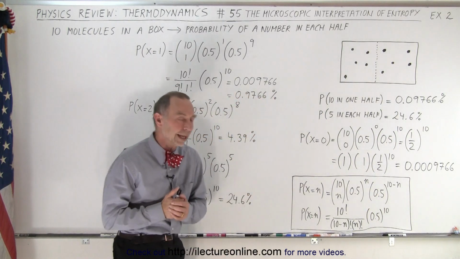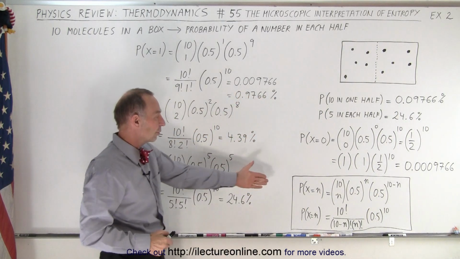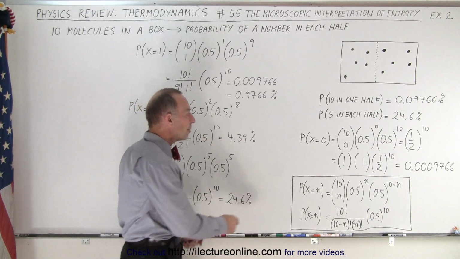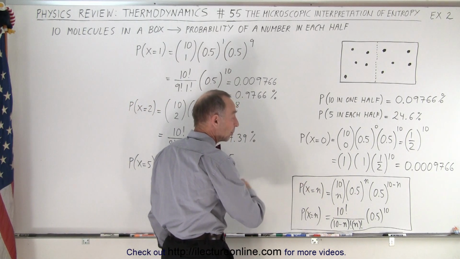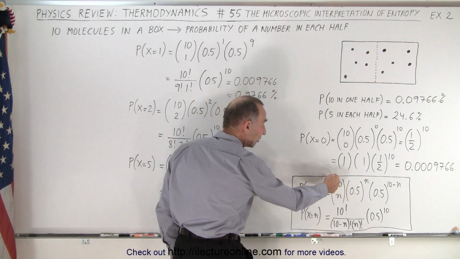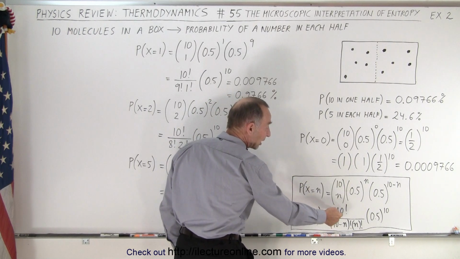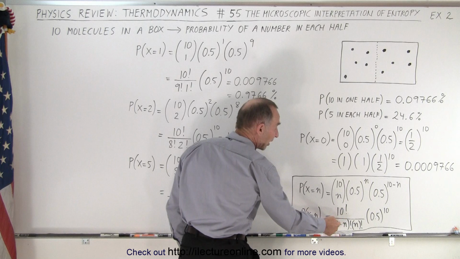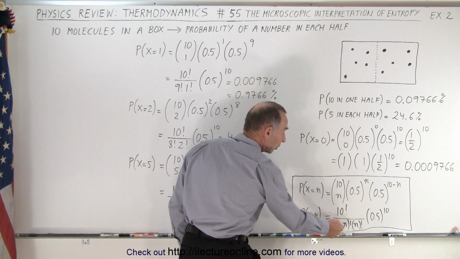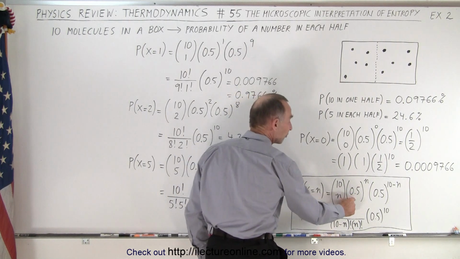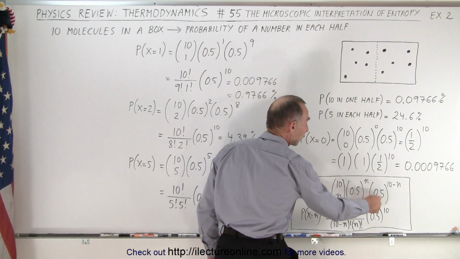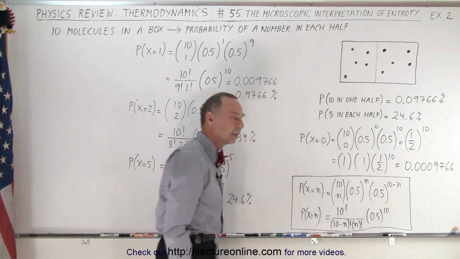So how do we calculate that? Well, here's the general equation. For a number n on one side of the box, n being anywhere from 0 to 10, the probability is this expression right here, which is essentially 10 factorial divided by (10 minus n) factorial divided by n factorial, multiplied times 0.5 to the n power and 0.5 to the 10 minus n power.